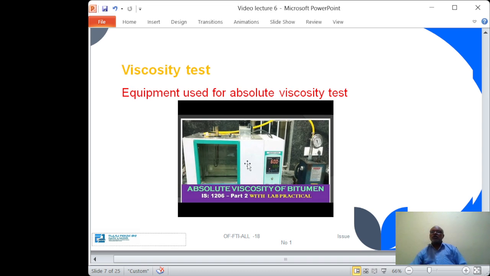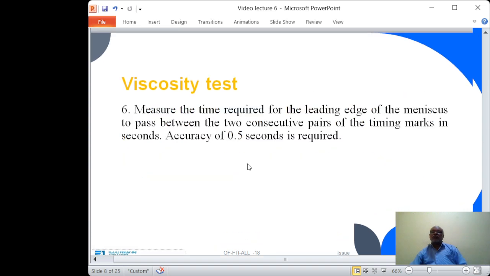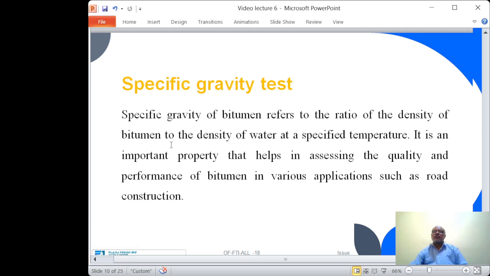Sixth, measure the time required for the leading edge of the meniscus to pass between two consecutive pairs of timing marks in seconds. Accuracy of 0.5 second is required.